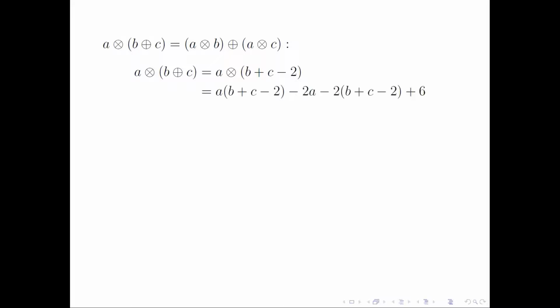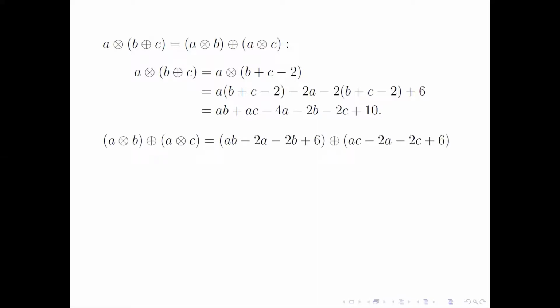And then, using the definition of circled times, it would be the first parameter a times the second part b plus c minus 2 times a minus 2 times the second part plus c plus 6. Clean it up, we have ab plus ac minus 4a minus 2b minus 2c plus 10.